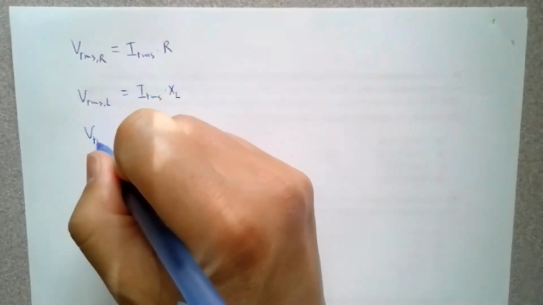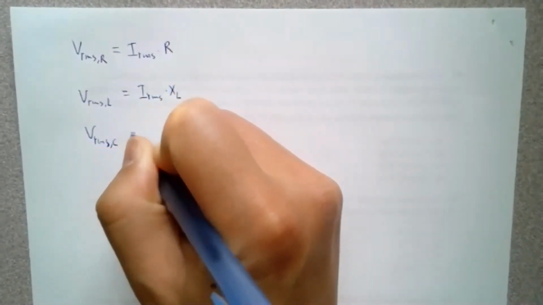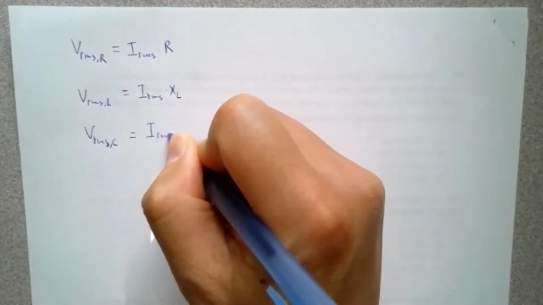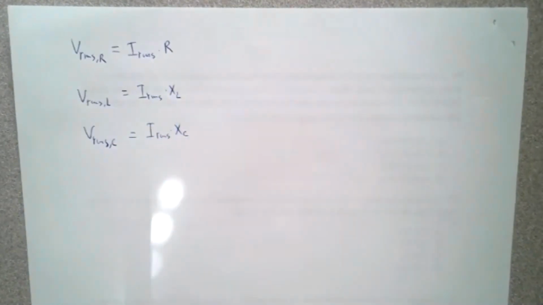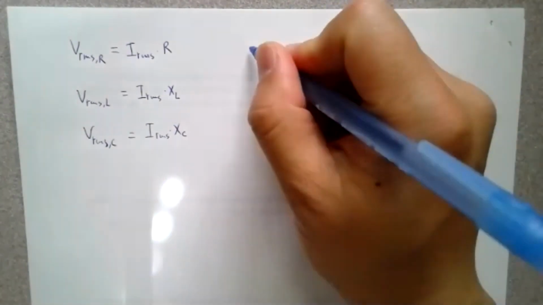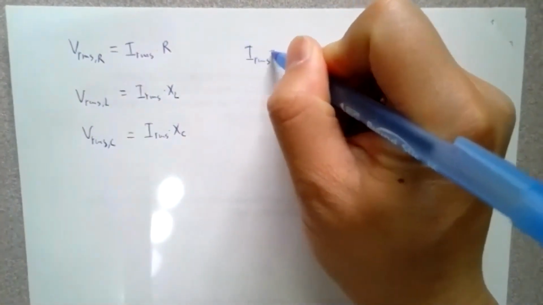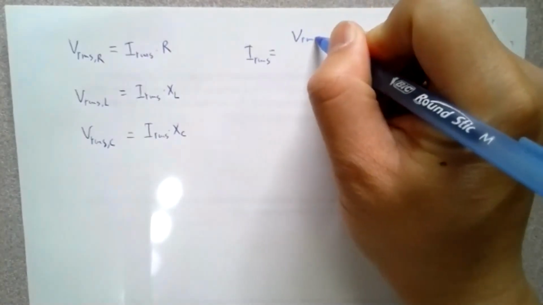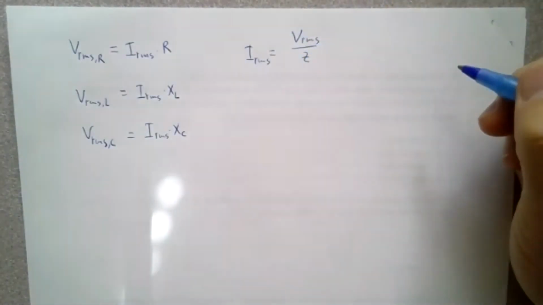And then VRMS on the capacitor is going to be IRMS times XC. So we need IRMS, which you can calculate from VRMS divided by Z. So we need to know Z.